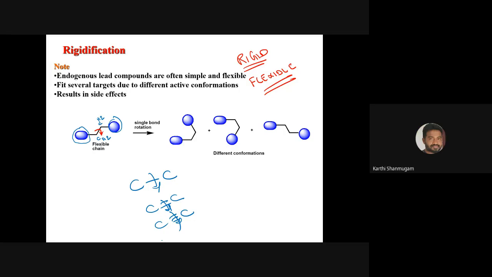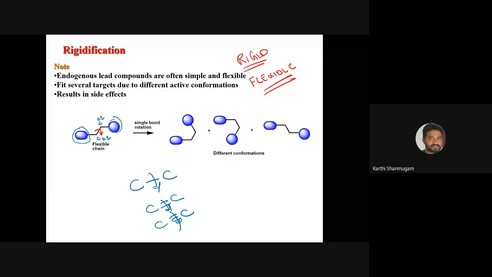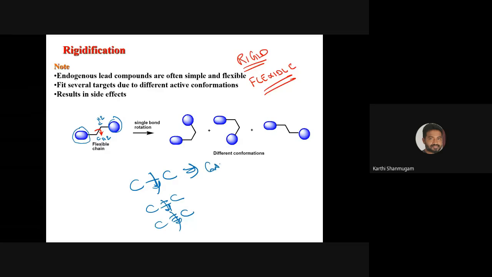Yes, sir. Because of this carbon single bond rotation, there is a possibility for many conformations for this type of molecule. So we can say this is molecule number 1, and this is the same molecule with a different conformation. This is also the same molecule, and this is also the same molecule. The difference is that they have different conformations. The same molecule is present in different conformations because of the carbon single bond.